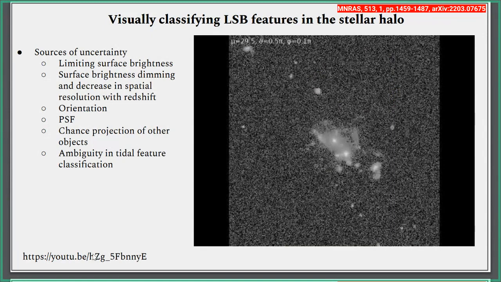Okay, so as I said, there are various sources of uncertainty here: the surface brightness limit, the surface brightness dimming that we get with redshift, orientation of the object, the PSF, the chance projection of other objects, and the general ambiguity that you'll get between people classifying objects.